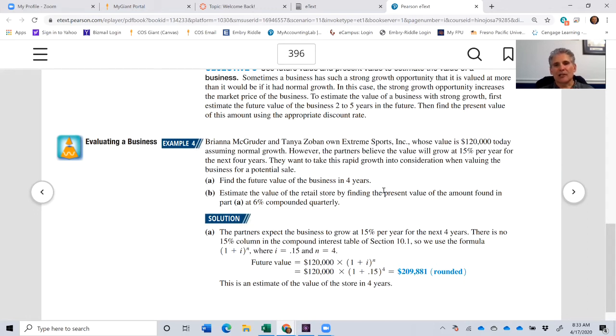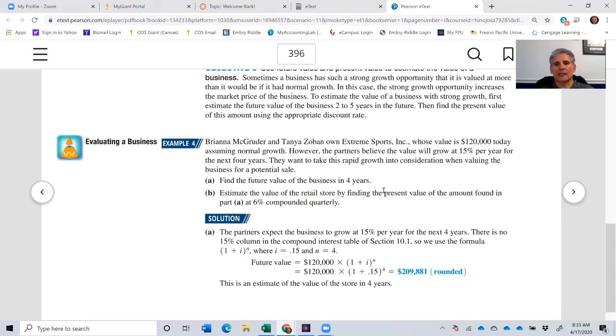Brianna Magruder and Tanya Zobin own Extreme Sports Incorporated, whose value is $120,000 today, assuming normal growth. However, the partners believe the value will grow at 15% per year for the next 4 years.